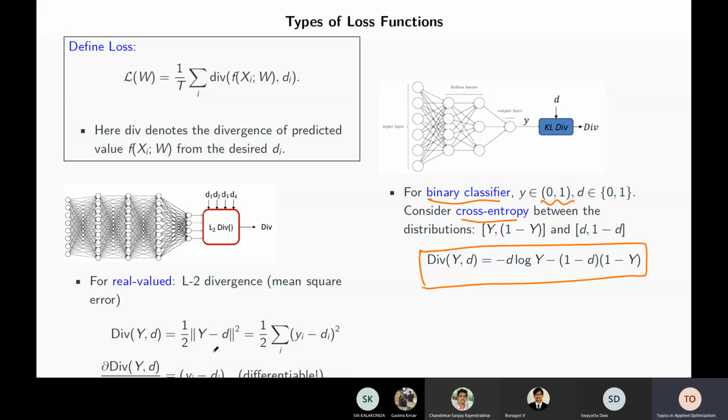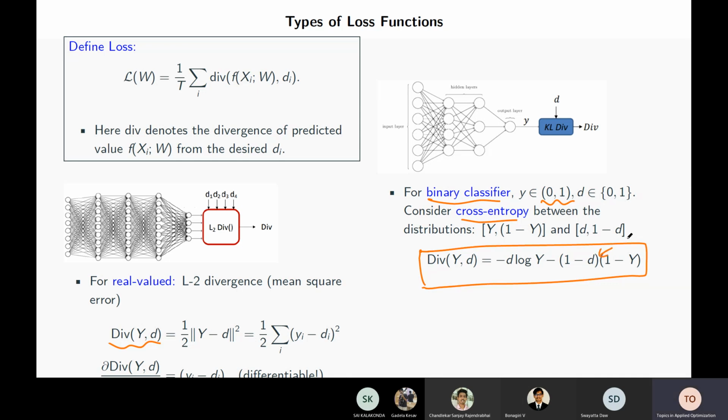From the optimizer's point of view, you have many options. You may define the loss to be like this, or like this, depending on what you want to achieve. It has a certain form, like minus d log y, minus 1 minus d log of 1 minus y.